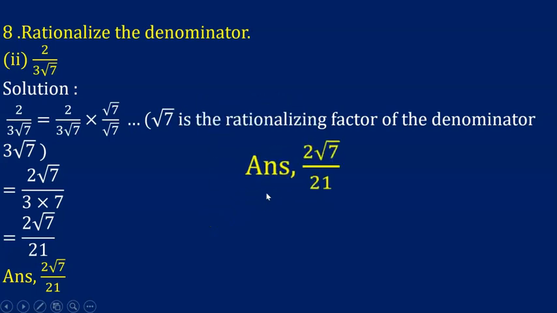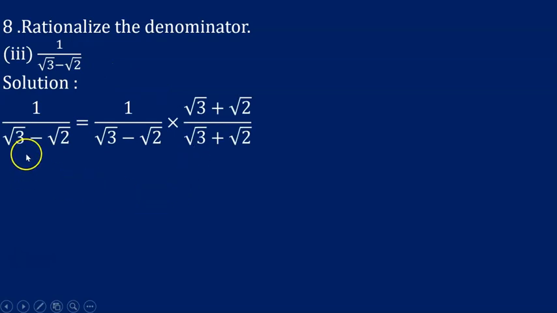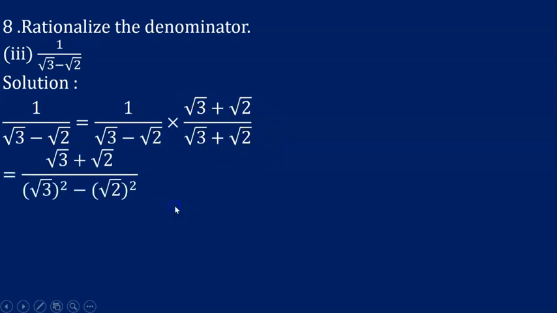Next, 1 upon root 3 minus root 2. Now the conjugate pair for this root 3 minus root 2 is root 3 plus root 2. Now multiplied here numerator and denominator by root 3 plus root 2. That is 1 into root 3 plus root 2 is a root 3 plus root 2. Next here a minus b into a plus b.